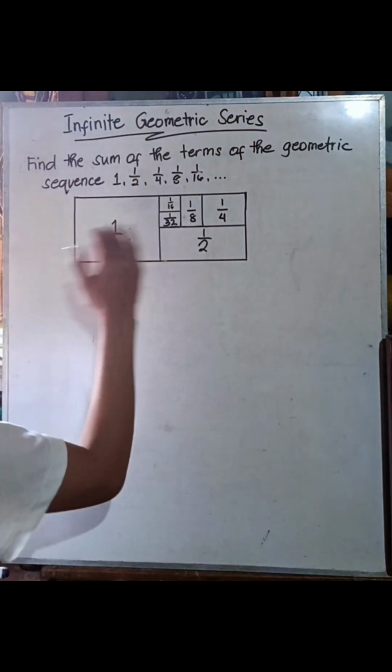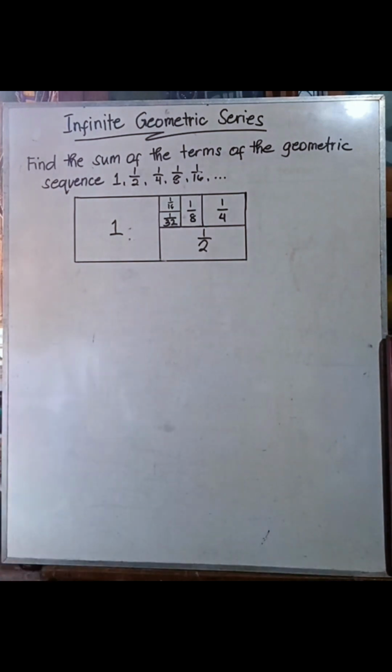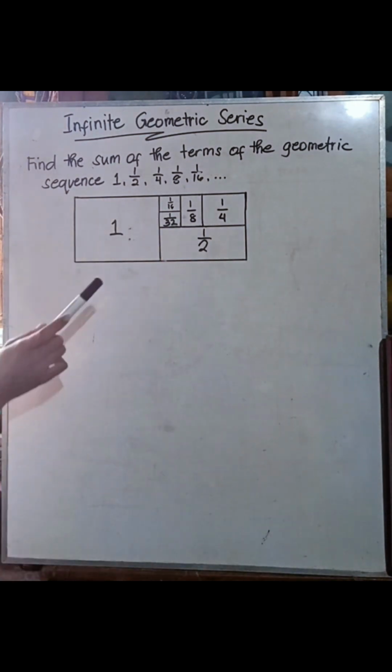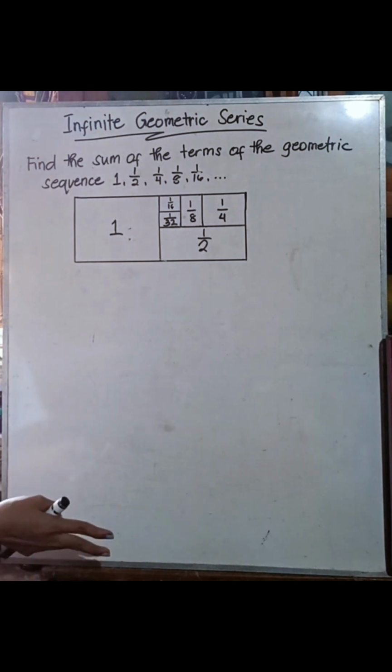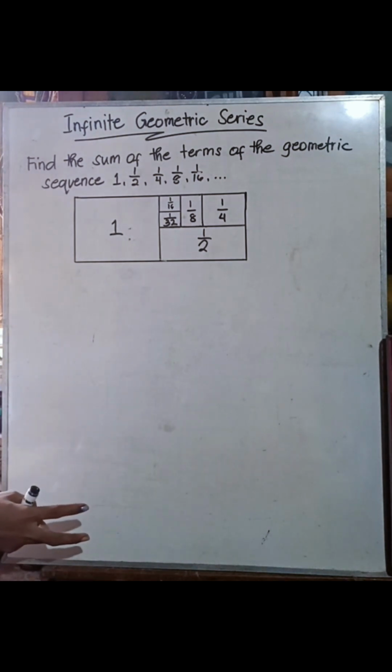So, pwede pa ni natong i-divide. I-cut pa nato into half ang ating rectangle. If the areas of all rectangles are added, this will give a sum of 2 square units. This scenario indicates that you can still find the sum of the terms of an infinite geometric sequence.